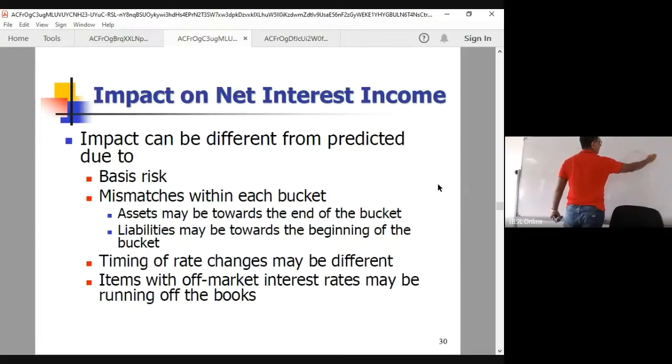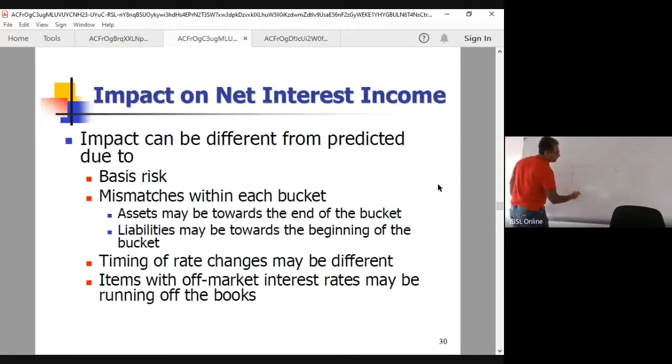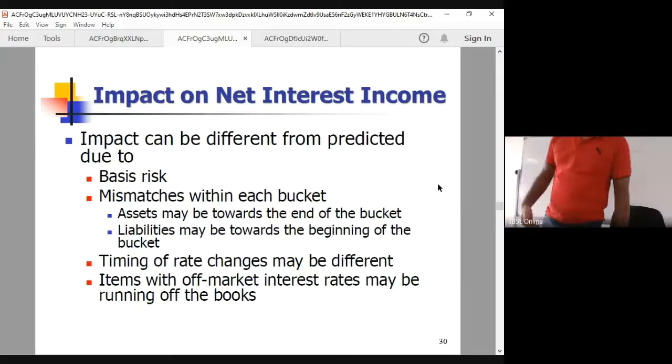Or you could have a flat curve like this. So even if interest rates were to come down 1% here, does it come down 1% here? It might just come down 0.5% here. So depending on how the interest rate reaction is on each of these buckets, the net interest income that you earn or lose out on could also change.